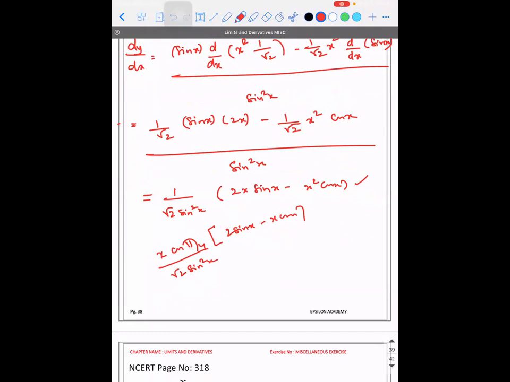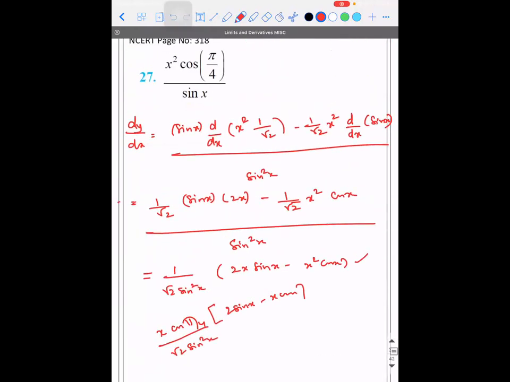So if I take out x common, is there an x cos pi by 4? Did I miss something? 1 minute, wait. So sin x into x square into cos pi by 4 is 1 by root 2. I don't think there is a root 2 in the denominator. Check this.